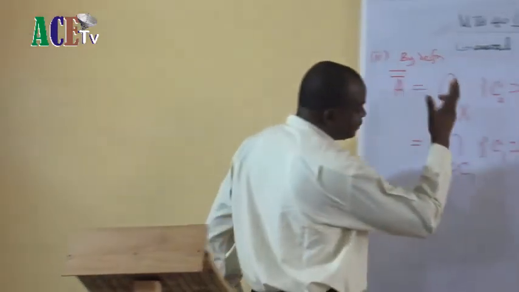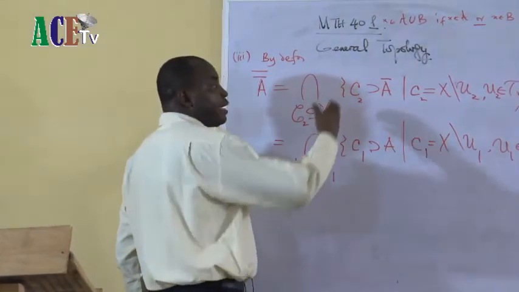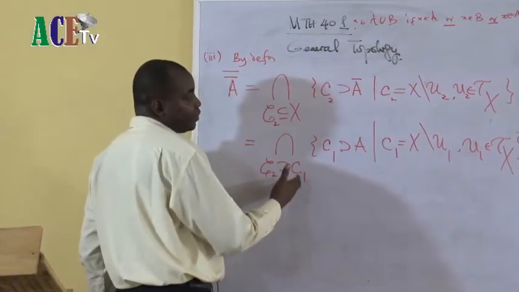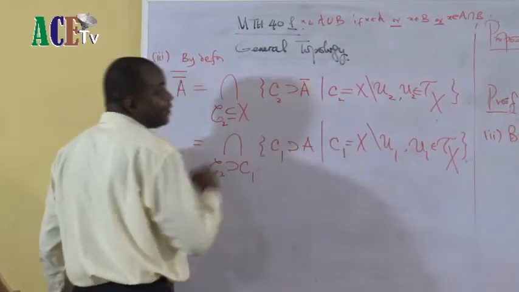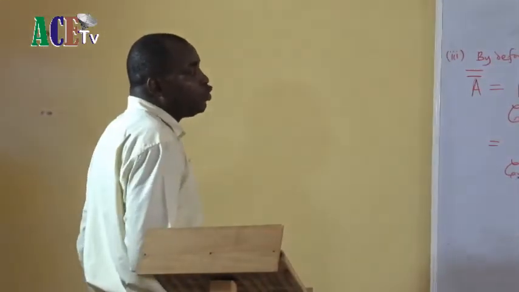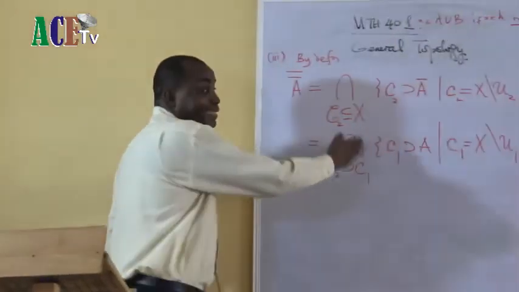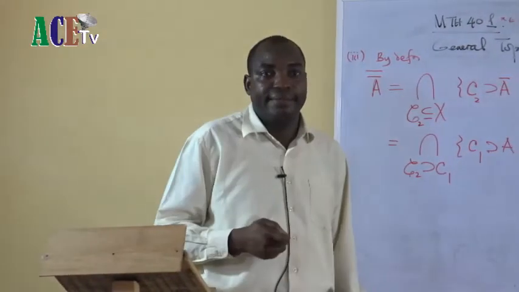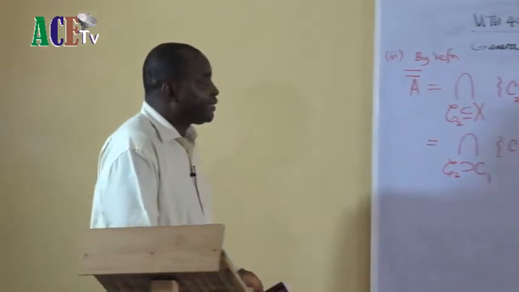So we see here that you can always have a closed set that is larger than another closed set. But this closed set contains A itself. So with what we have here, you will look for the smallest, because here we are looking at intersection. What intersection does is that it restricts the set.